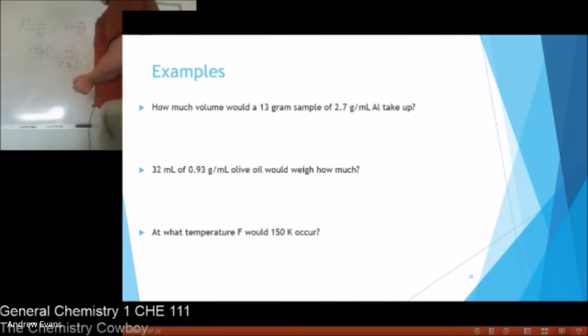If I did 2.7 grams per mL divided by 13, grams cancel, but I get an answer that's 1 over mL, 1 over volume, an inverse volume, if you will. That's not what we're looking for. Only in this setup do we get a volume as our answer.